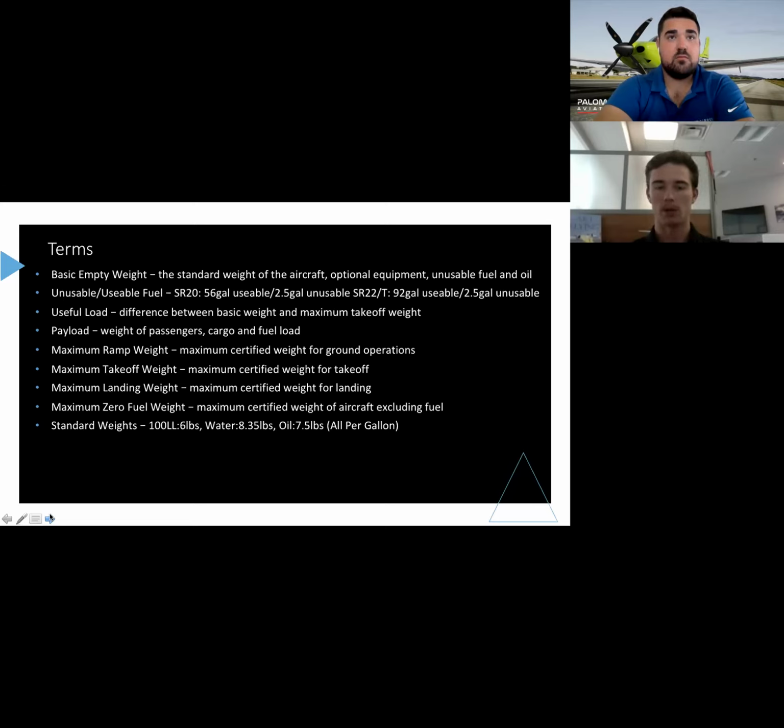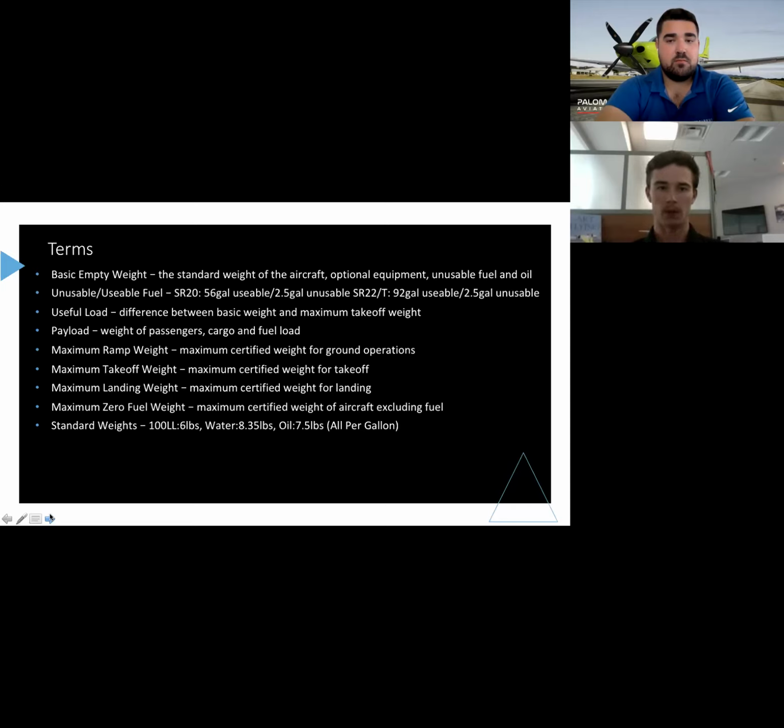So like we talked about with the fuel system, there is a small amount of unusable fuel in the fuel tanks just to keep sediment and water from getting into the fuel system. So for the SR20, we have a 56-gallon usable load of fuel and 2.5 gallons of unusable fuel. And for the SR22 and 22 Turbo, there's a 92-gallon usable fuel load and 2.5-gallon unusable fuel load.